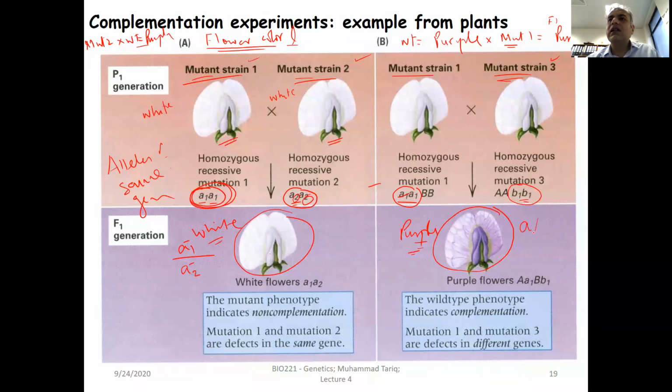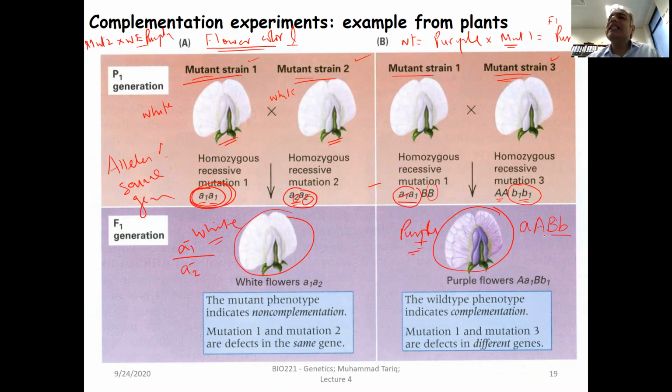A1, A, the wild type copy is coming from this side, the gametes, you know, and the B, which is coming from this side, and this gamete.